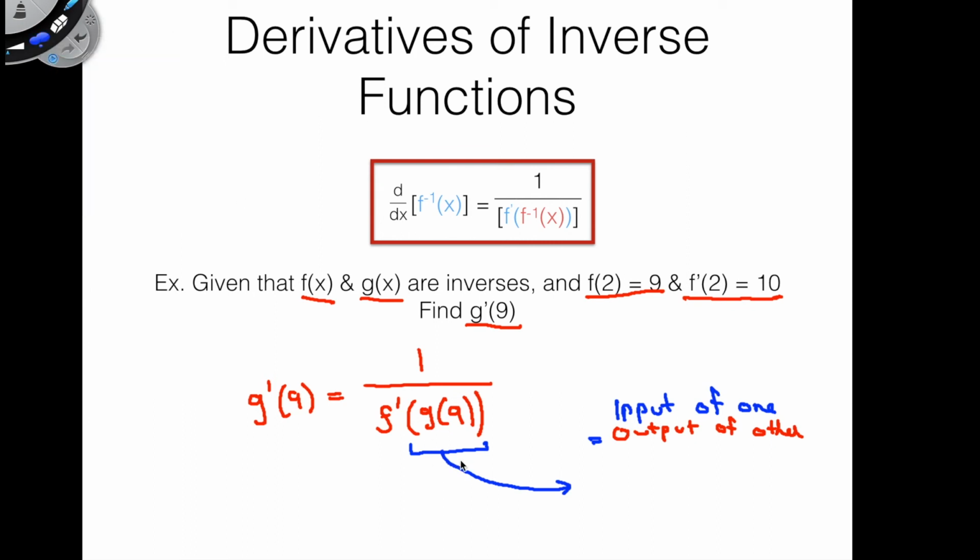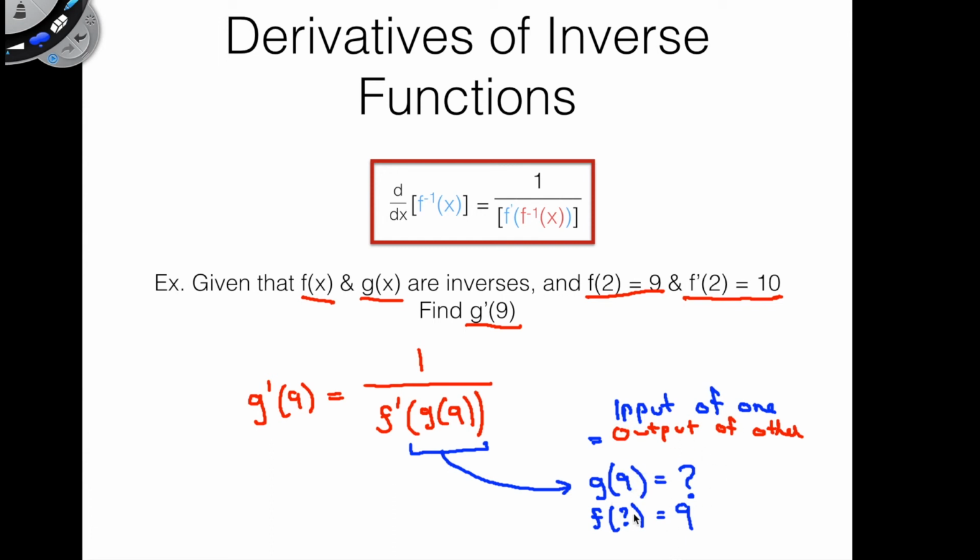So for g of 9, we're plugging 9 into g, so that 9 should be what we get out of f. Put another way: if g of 9 equals some value, then f of that value must equal 9.